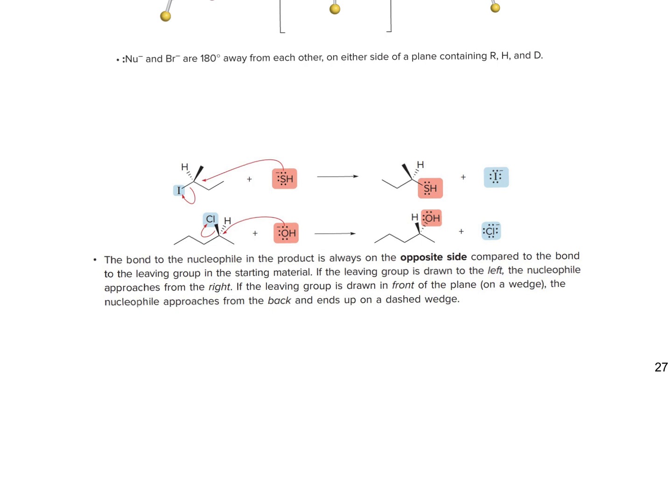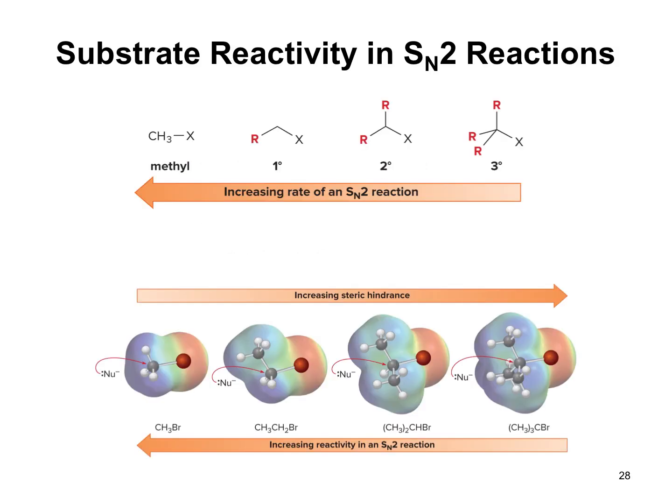Now, maybe the burning question in your heart is, Dr. Pierce, with this backside attack, that seems like sterics would really affect this reaction. And you would be correct. So let's talk about sterics for a moment.